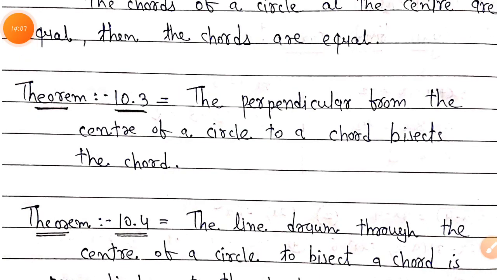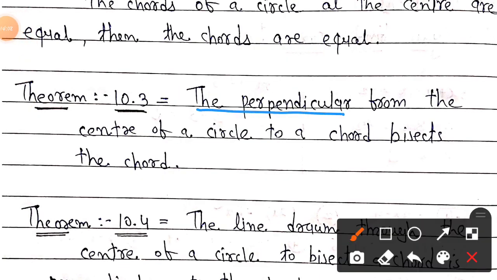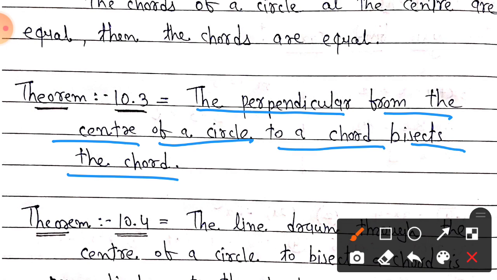Theorem number 10.3 says that the perpendicular from the center of a circle to a chord bisects the chord, correct? What do you mean by this statement? Let's take an example and understand this theorem. Suppose I draw a circle with center O, and let's take one chord, say AB, correct?